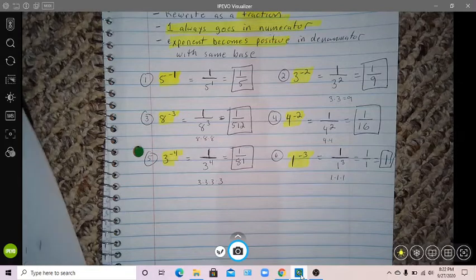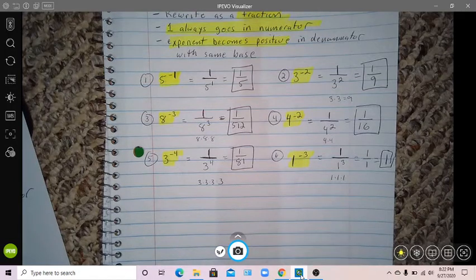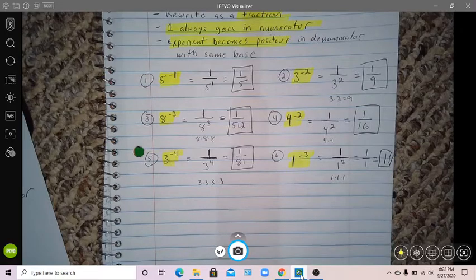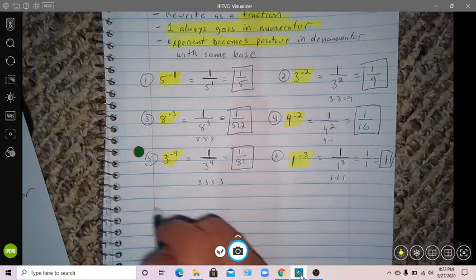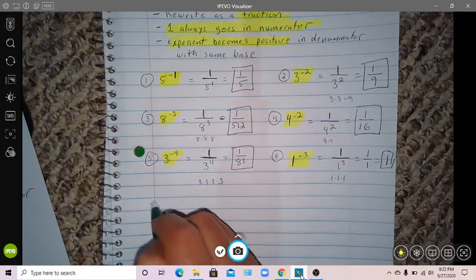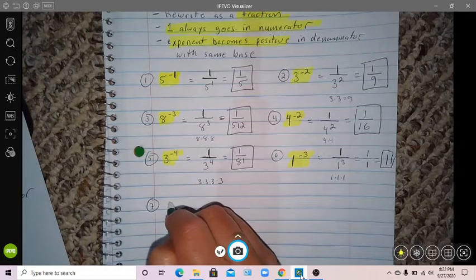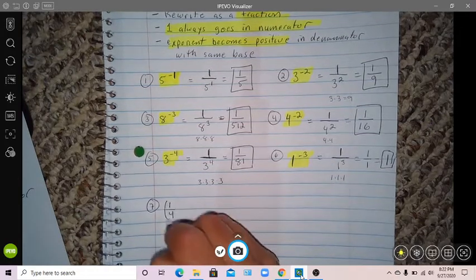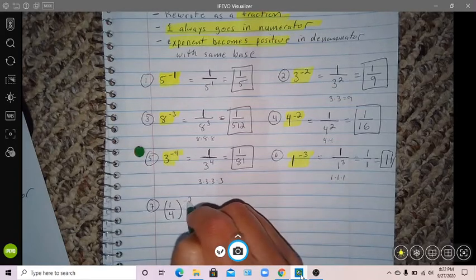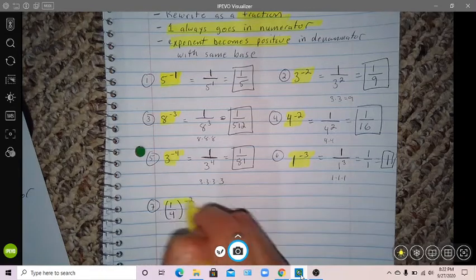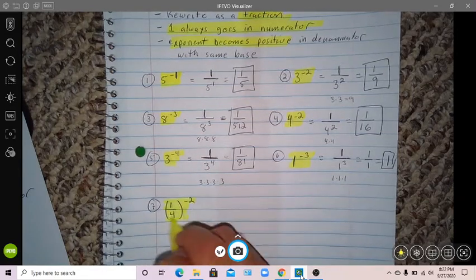Alright, so let's take a look at a few that have fractions in them. Fractions from the beginning. Let's look at number 7. You might get something like this: 1 over 4 to the negative 2 power. That's what you start off with.